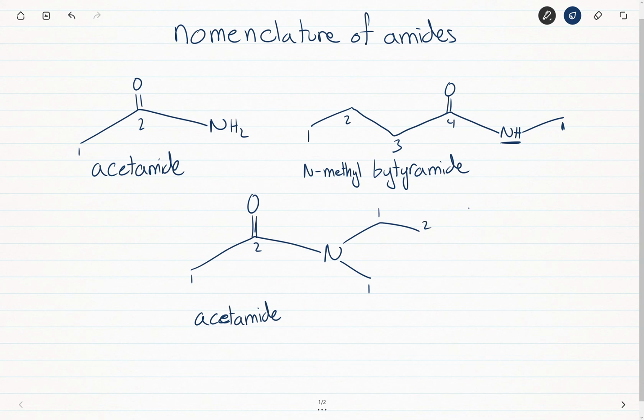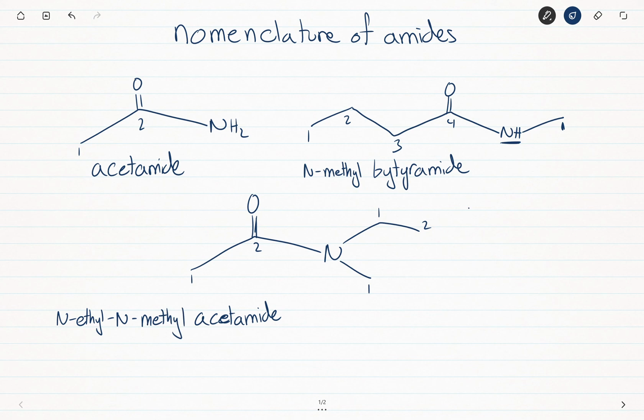And so they're both attached to the nitrogen, so they're both going to get the designation of N. So we have an N-methyl and an N-ethyl. N-ethyl will go first since E comes before M. N-ethyl, N-methyl acetamide is how we name this molecule.